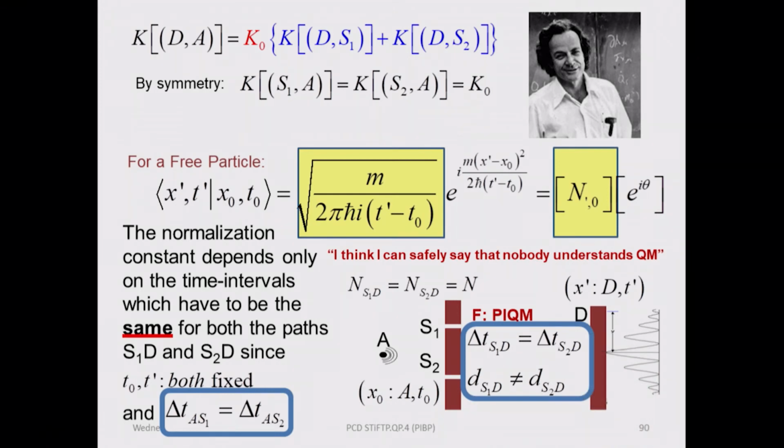So, here is what we are getting, that these time intervals from S1 to D is exactly the same as the time interval from the slit S2 to D. The distances are not the same, does not matter, no worries about it.